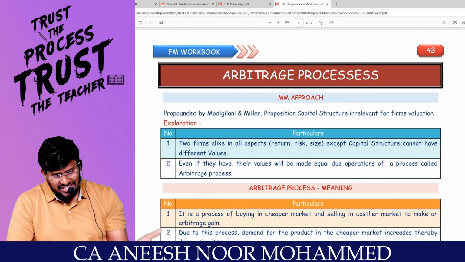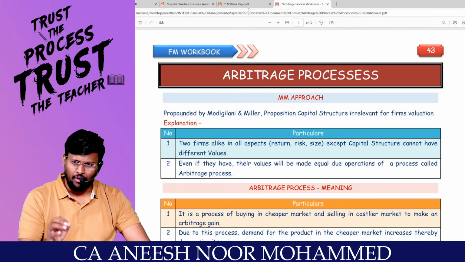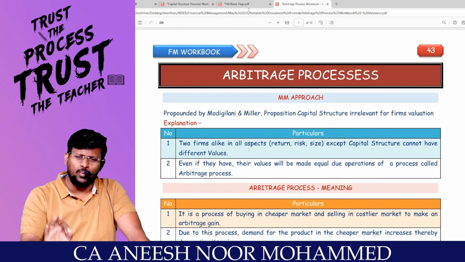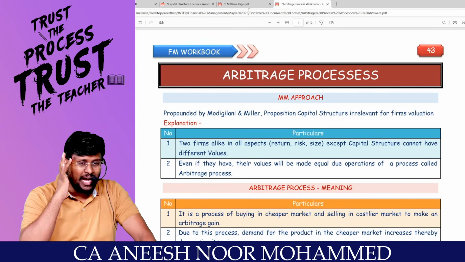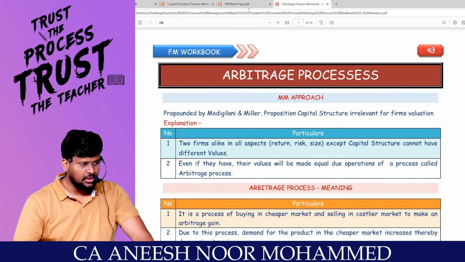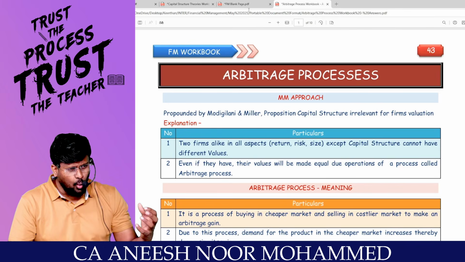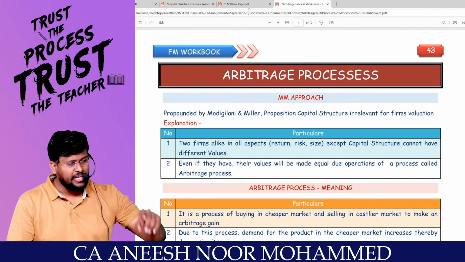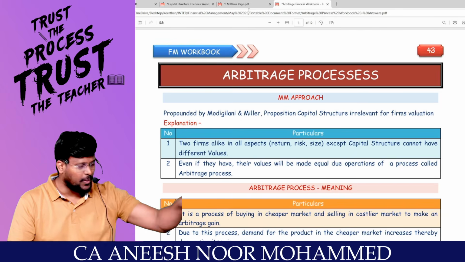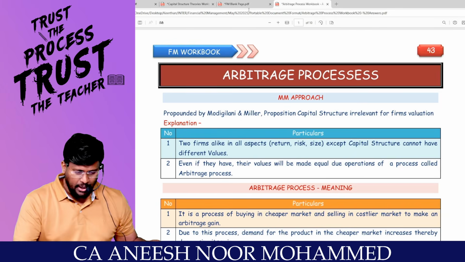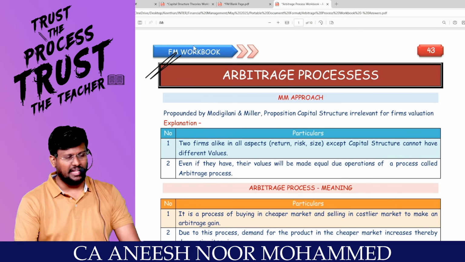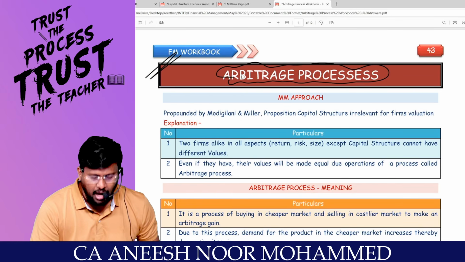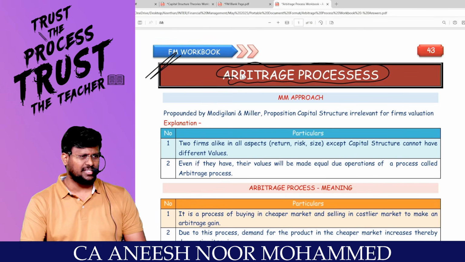Now, the last line we said in MM with tax is, if there is tax, the value of the levered firm will be higher than the value of the unlevered firm. How does the MM approach become a theory of relevance instead of irrelevance? That is where we stopped. MM themselves say there is a process called arbitrage.